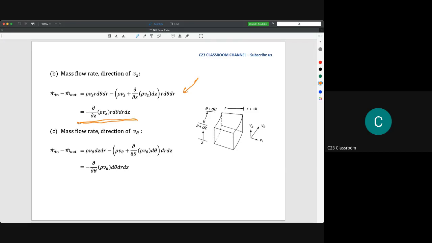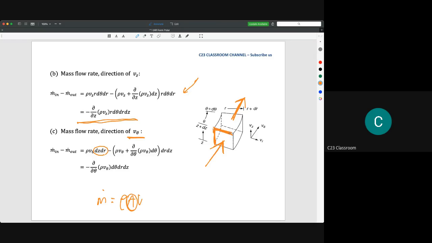Okay, so then we calculate the third axis, which is the direction of theta. The direction of theta here means the inlet is here and the outlet is here. So we use m, rho, A, and V. dz dr here will represent the value of A. dz means the distance of this one, and dr is the distance of this one.